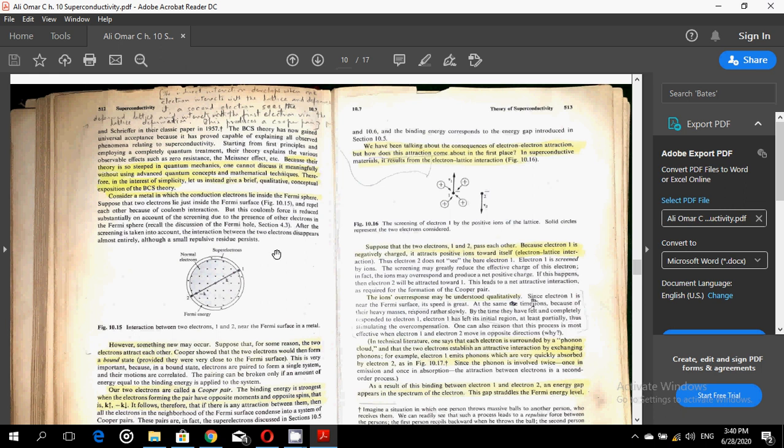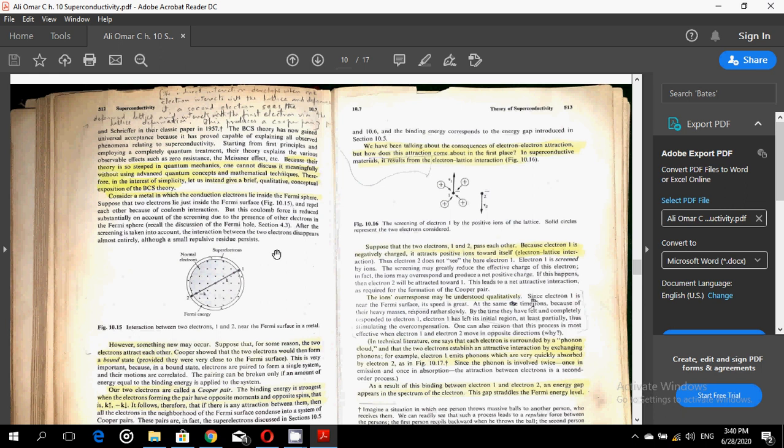Now, these pairs are in fact the superelectrons discussed in sections 10.5 and 10.6, and the binding energy corresponds to the energy gap introduced in section 10.5.